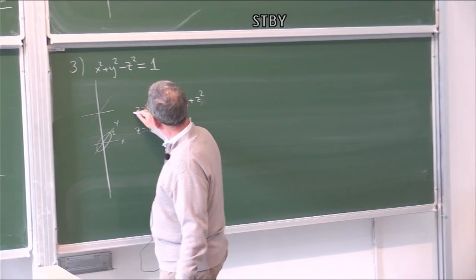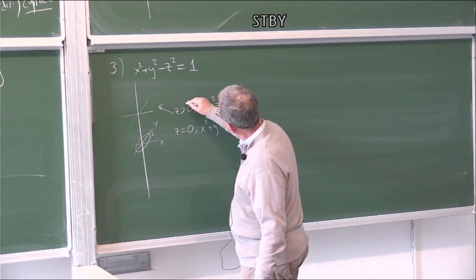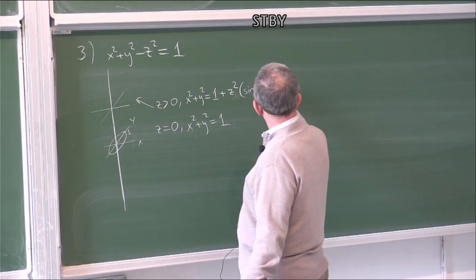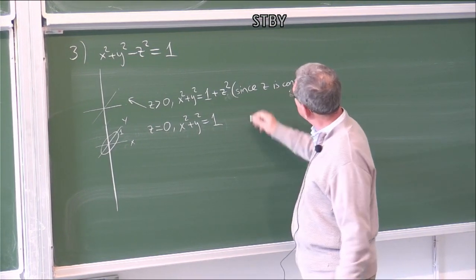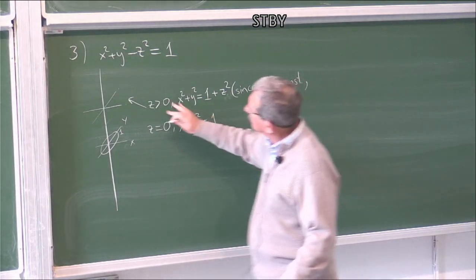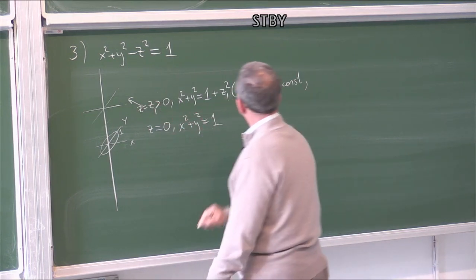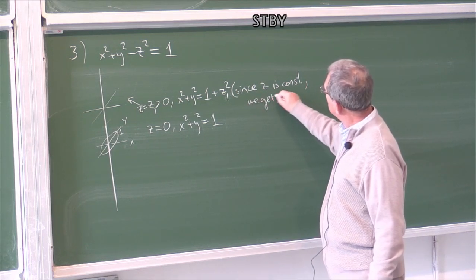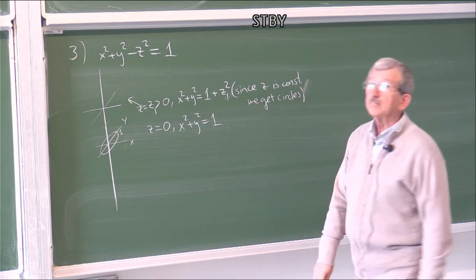Since z is constant on this plane, you can say z is, say, z1, and we get circles again.